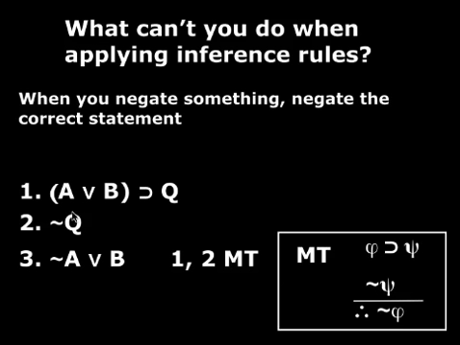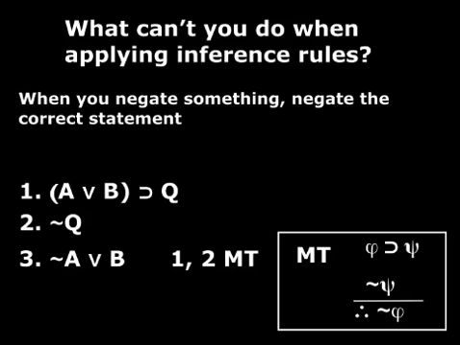They might say, okay, modus tollens, I'm overusing modus tollens here, but that's okay. I've got a conditional, I've got the negation of the consequent, so I'm going to infer the negation of the antecedent. Well, what's the antecedent, A or B? I need the negation of that, so I'm going to put A or B here and then slap a tilde on the left. Well, that's not right.